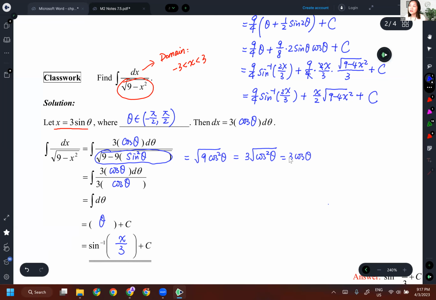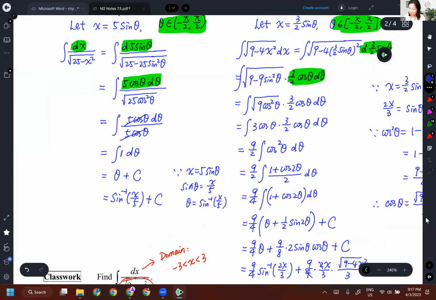If you write -3 cosine theta, that is a negative value in this context. If it's negative, then we have to add a negative sign here. Because at the beginning, it doesn't have a negative sign, so in the end, it shouldn't have a negative sign. Thank you, Miss Chen.